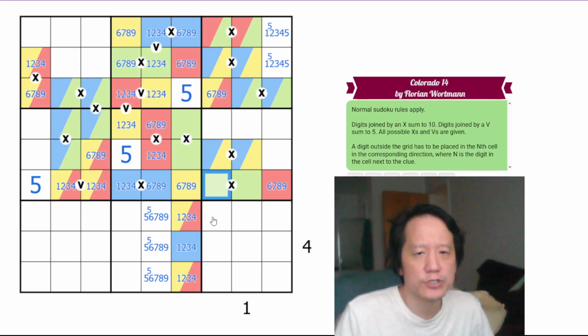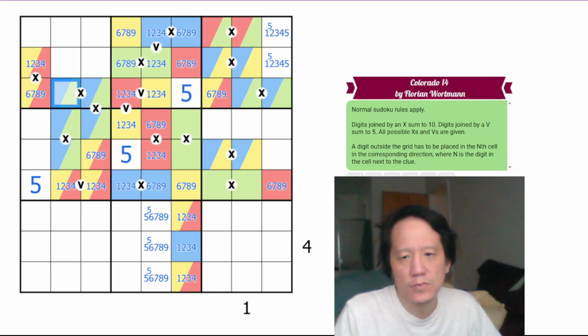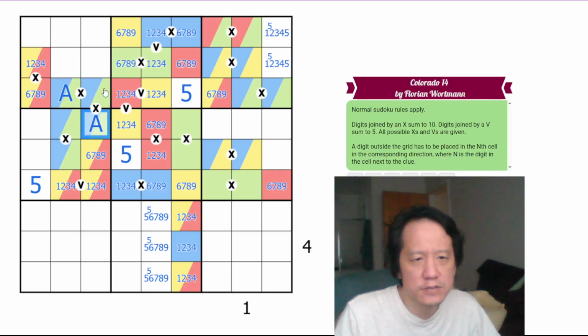What other restrictions do we have? So these two are the same digit no matter what. Okay, we'll mark that as A, I guess. And this is B.